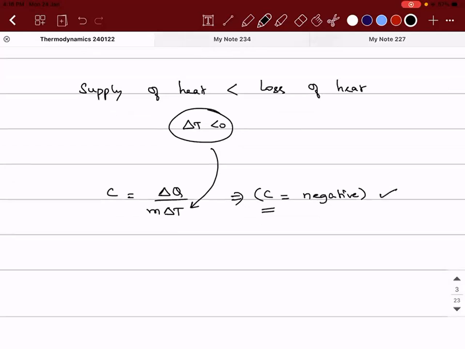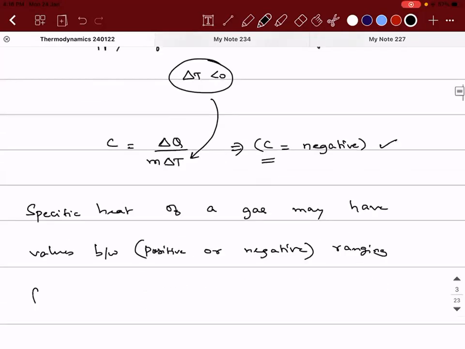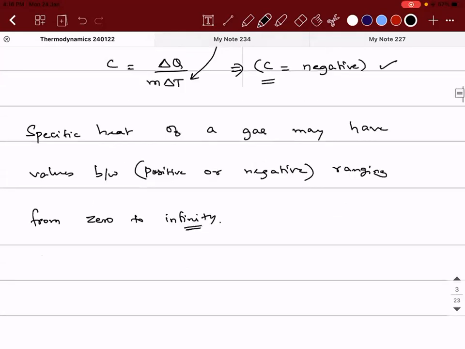So having all these conditions in mind, we can conclude that, with respect to a gas, the specific heat of a gas may have values between positive or negative numbers, ranging from 0 to infinity. Okay, so this is the important conclusion that we can draw.